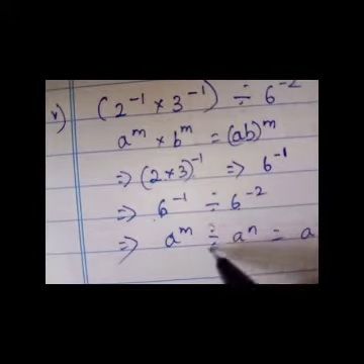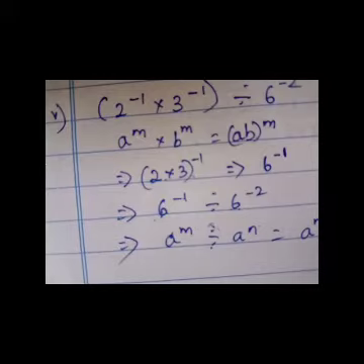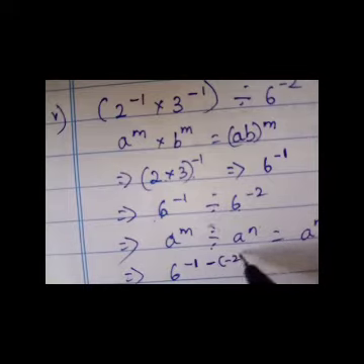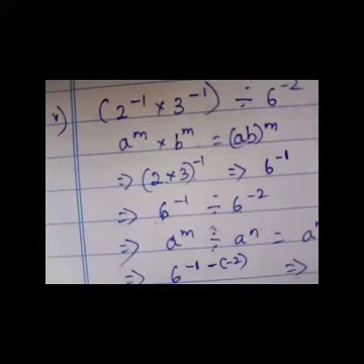If it is division, you have to subtract the powers. So 6 power minus 1 minus minus 2, and here minus into minus is plus 2, which is equal to 6 power 1.